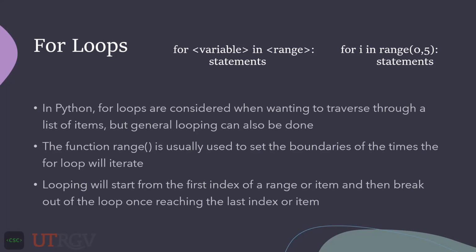Once it hits that fifth run, it's going to exit and go on to the next node after the implementation of the for loop. A for loop, more or less, you can define it by the number of times you want to run, an integer amount of times. That difference will stand out more once we look at while loops. But for the most part, that's how for loops function in Python.